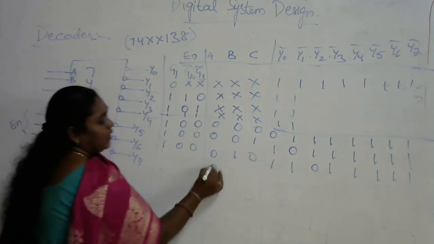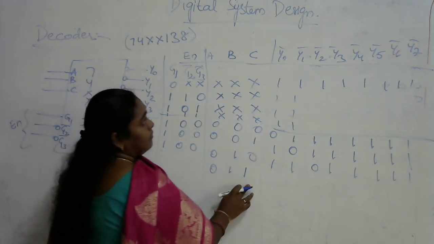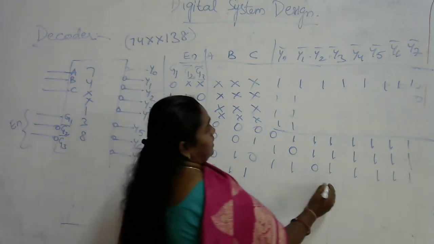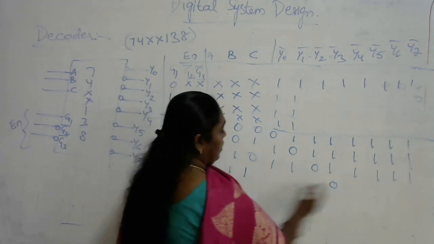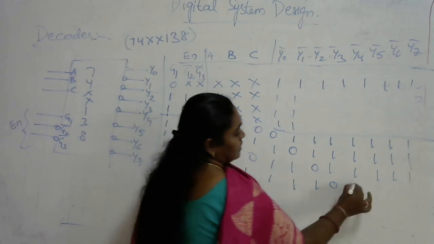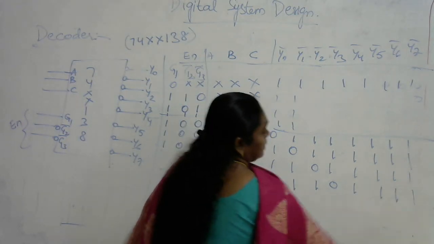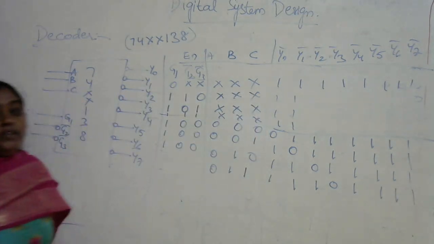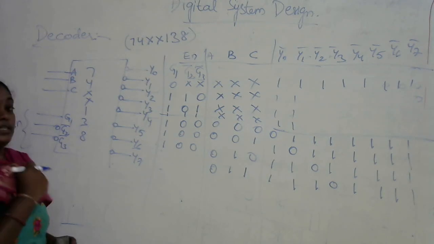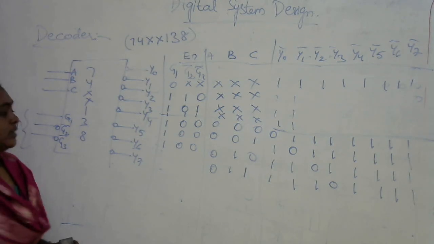Now 0 1 1 indicates Y3, so Y3 is 0 and all the remaining are ones. It is just the reverse process of the previous one, because in the previous case it was active high and now it is active low.